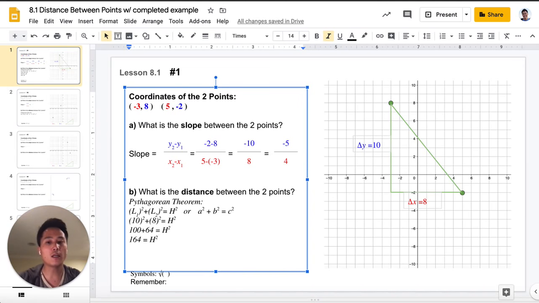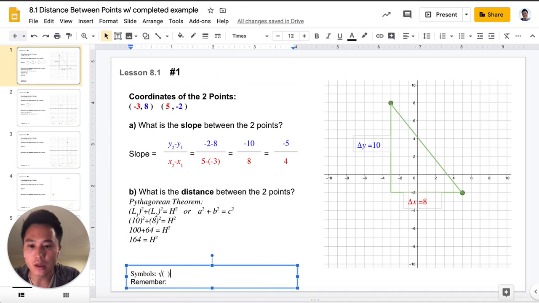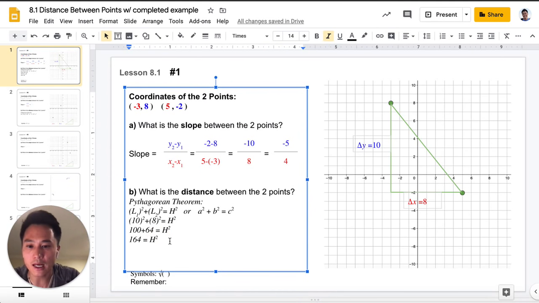Now we don't want h squared, we want to figure out what h is. Remember, to undo something that's squared, you have to square root something. And so for that, I've provided you with this symbol down here. This is the square root symbol. So what we're going to do is we're going to take the square root of both sides.